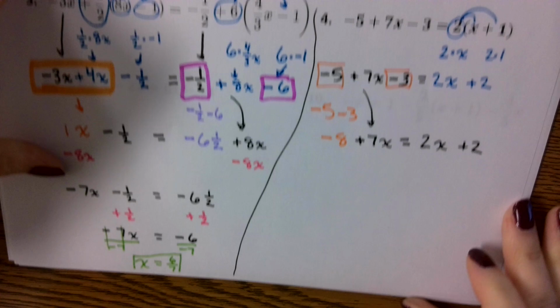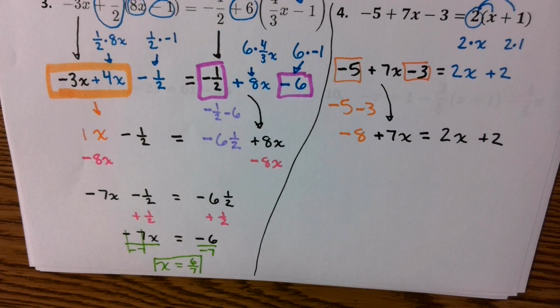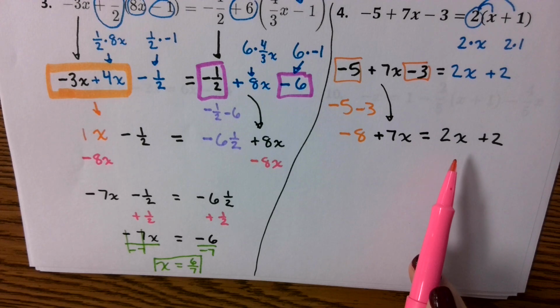So we're trying to move the entire variable to the other side. So what are we going to do to it? Are we going to add 2x to get rid of 2x? No. 2x plus 2x would give you 4x.